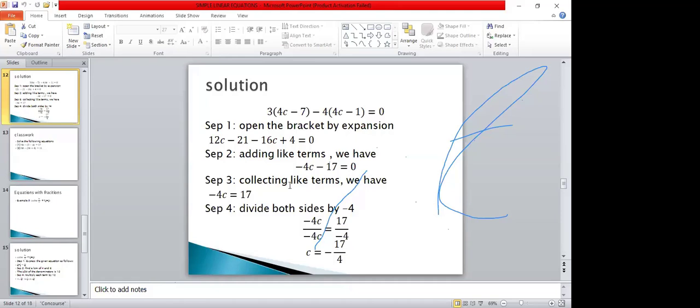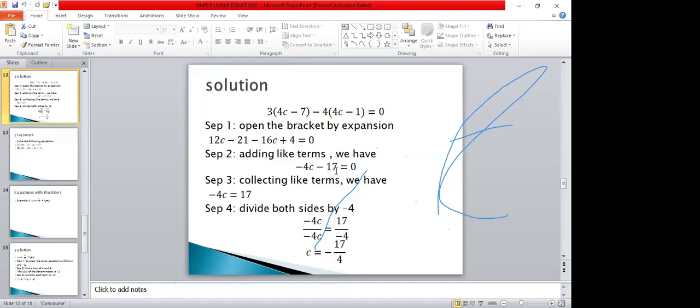Then from there, let's collect like terms. To collect our like terms, we have to bring minus 17 to the other side. There are two ways. You either say collect like terms, or you say add 17 to both sides.